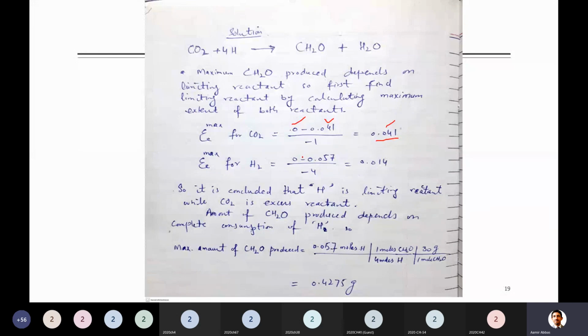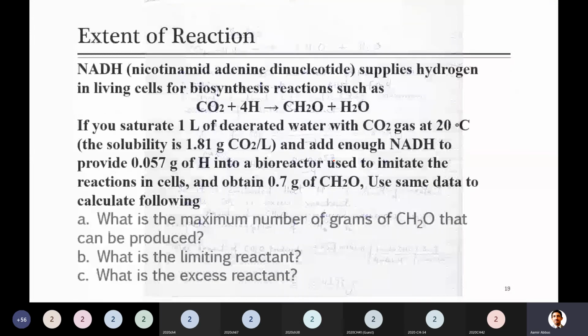As well you will calculate for the hydrogen. Sorry, I have put here H2 again, that's a mistake. It is H only, because here you can see it is in the form of H. So when it is completely consumed, it will be 0. For the maximum you have to consider that finally it is 0 minus 0.057, because for this it is given as 0.05 gram.